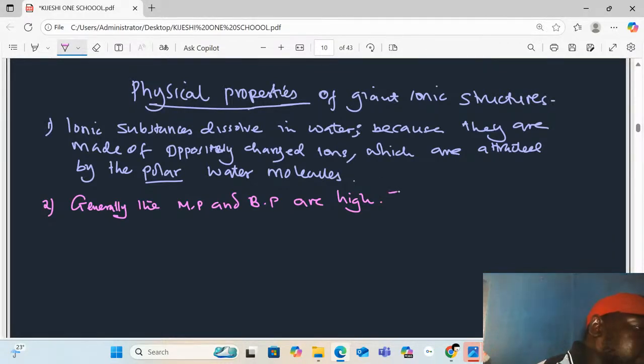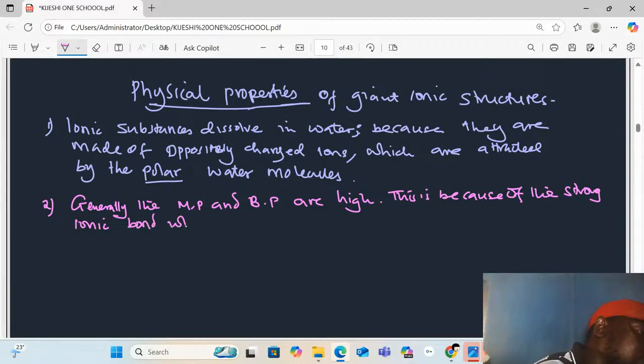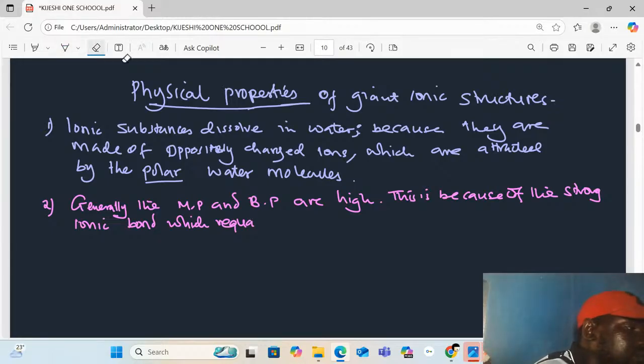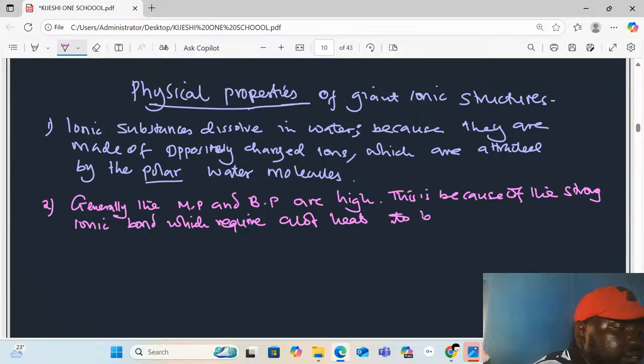This is because of the strong ionic bonds, which require a lot of energy to break.